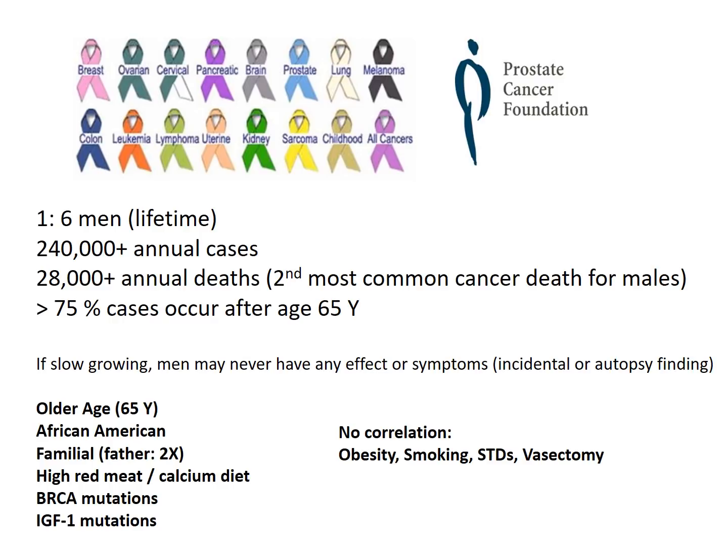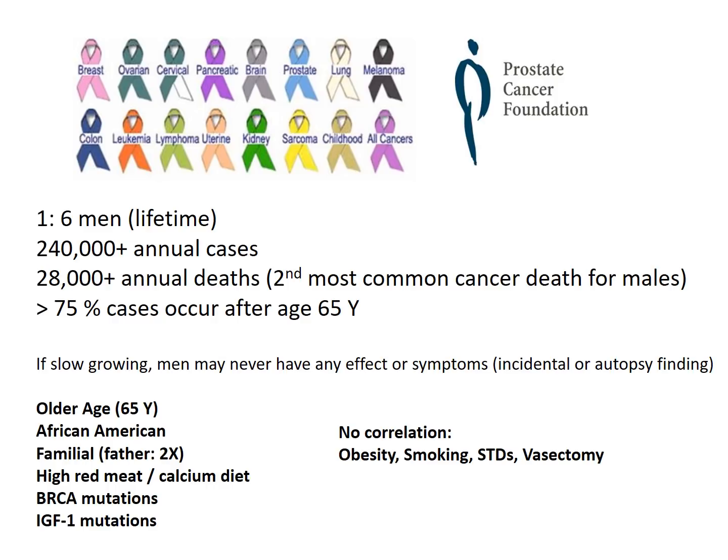So the risk of prostate cancer: older age, over 65; African American is the highest risk ethnicity. Family history, 2 times greater chance if your father had it. It has been shown a diet high in red meat and high in calcium may increase the risk. And then certain oncogene mutations, BRCA mutations, and mutations of the IGF-1 hormone can also increase risk.